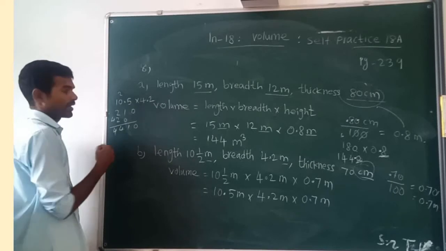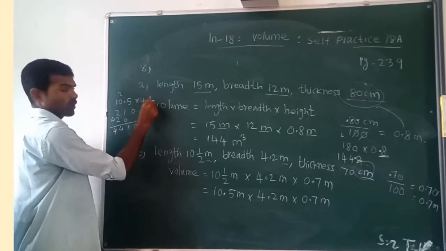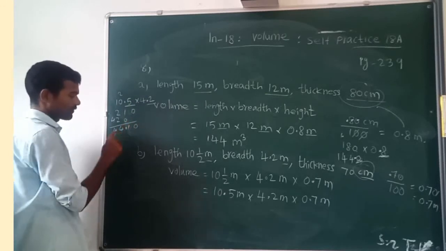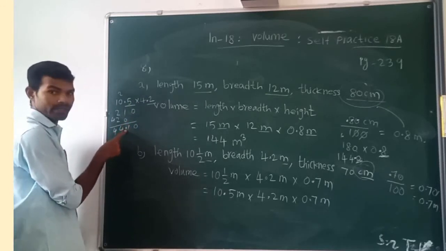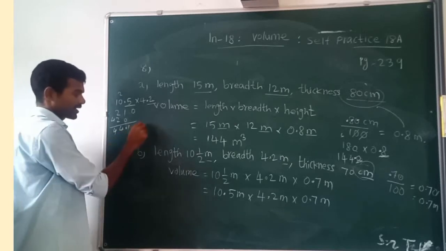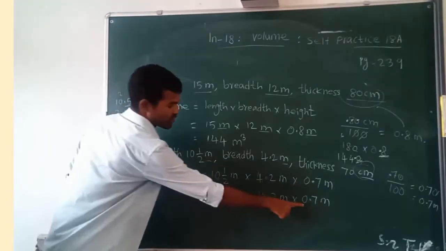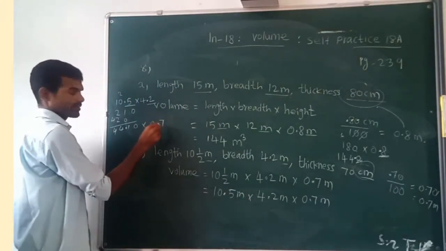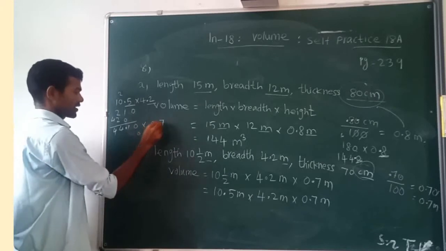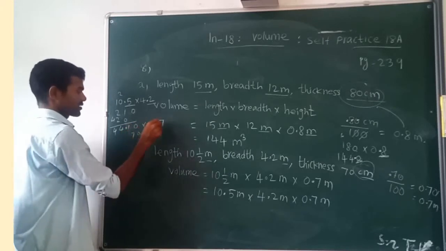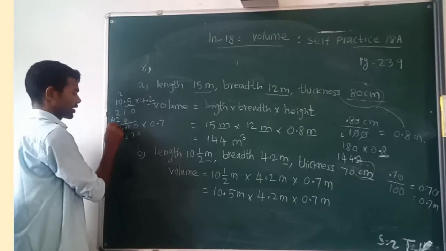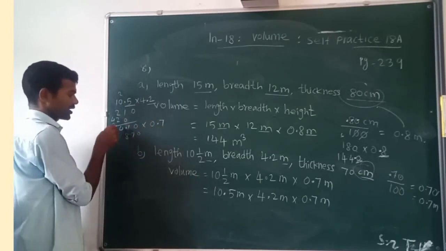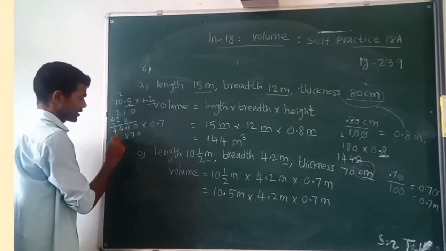So where is the point? After the point, 1 number, and 1 more number, so total 2 numbers. So 44.10 is coming. Afterwards again multiply with what number? 0.7. 7 multiply 0, 0. 7 multiply 1, 7. 7 multiply 4, 28, and 2 carries. 7 multiply 4, 28, plus 2, 30.